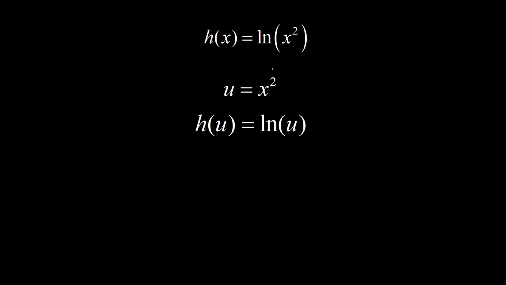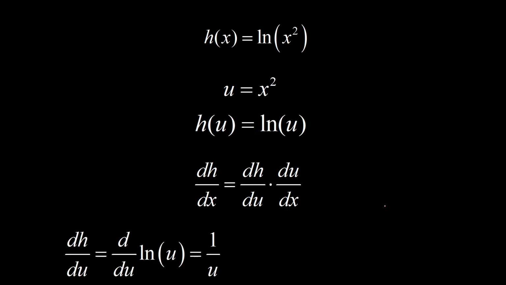So we have u equals the inner function, which then gives our outer function of just being log u. And we're going to use the chain rule. So this first part right here of the chain rule, dh du, this is the derivative of h with respect to u. And so I'm going to do that down here. So now we're taking the derivative with respect to u.